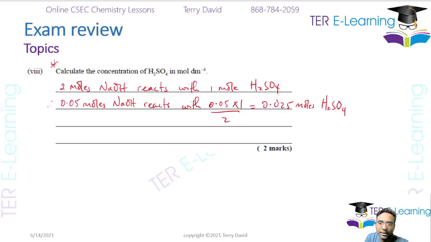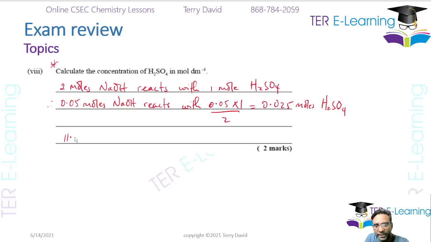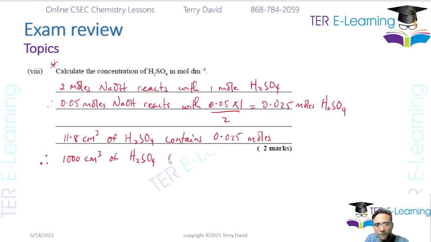But based on the answer we got here, this was the end point of the titration, 11.8 cm cube. So what we're going to say now is 11.8 cm cube of the H2SO4 contains that answer we just got there, 0.025 moles. Therefore, if you're working on concentration, we need to work out for 1000. So 1000 cm cube of sulfuric acid, H2SO4, contains, and you cross multiply.